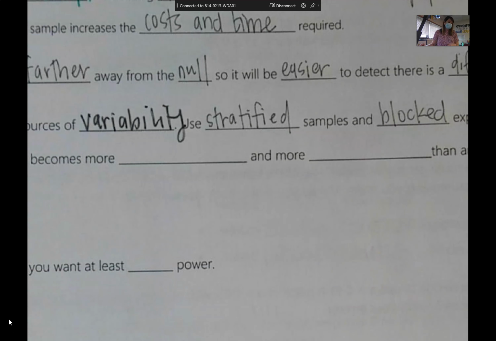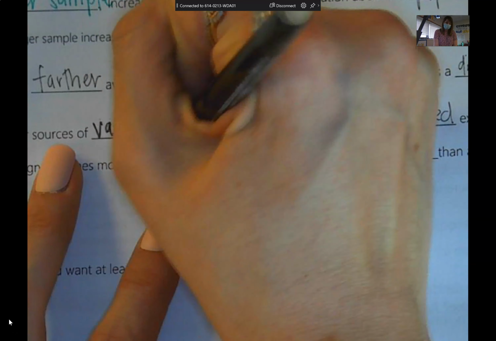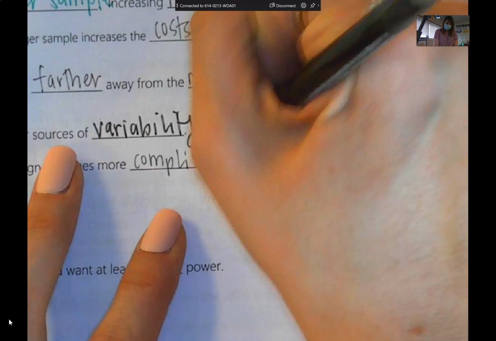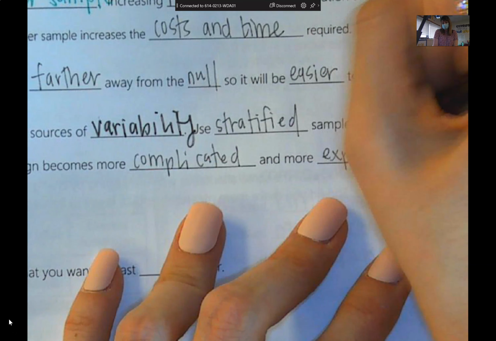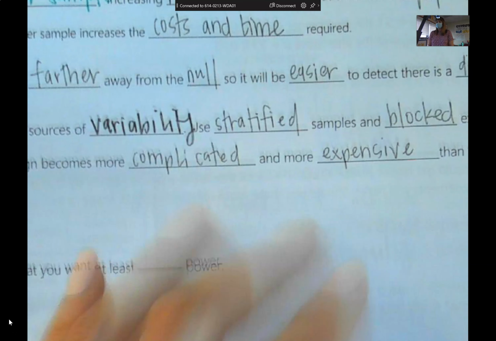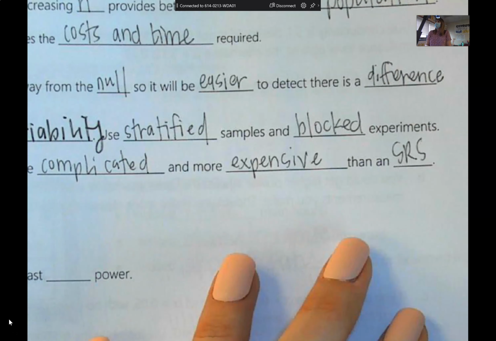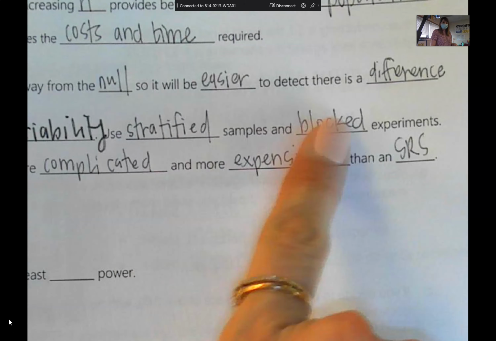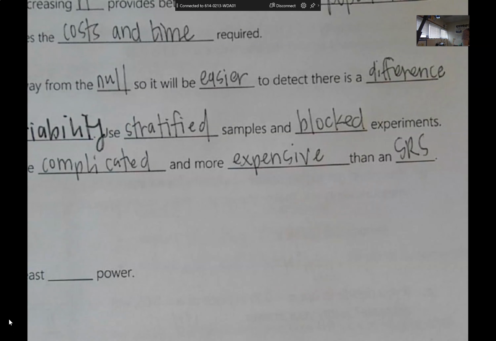The disadvantage here is that your design becomes more complicated and ultimately more expensive than a regular SRS. So these sampling methods above are more complicated and costly than just a regular SRS.